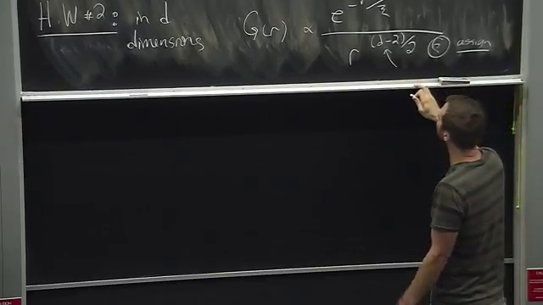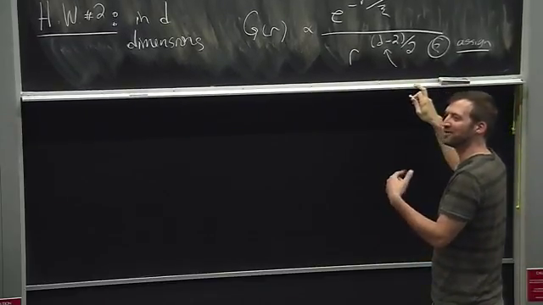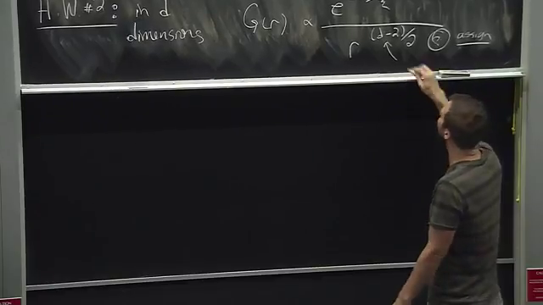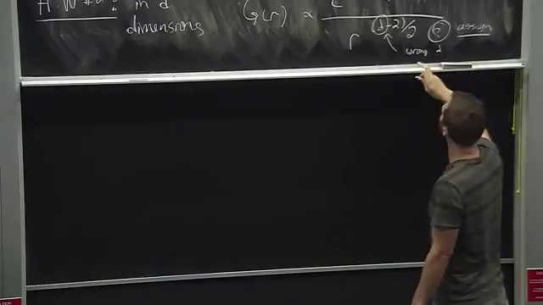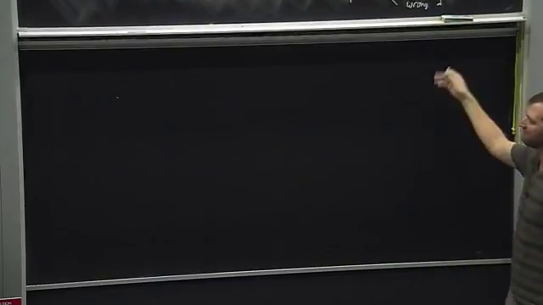Then you would get 4 minus 2, which is 2 over 2 is 1. So that might be the wrong D. Anyway.